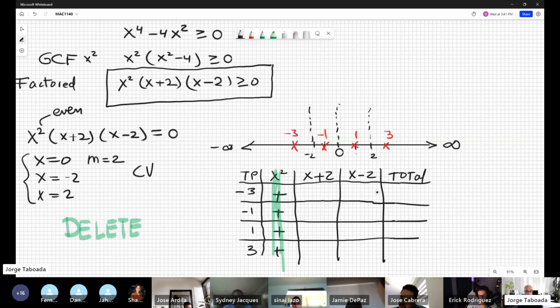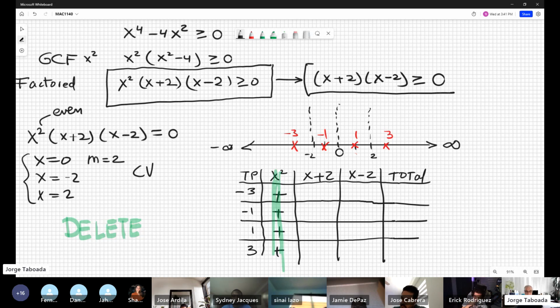So now, my inequality, I can write like that. I guarantee you 100%, this inequality and this inequality have the same solution. So we can delete this guy.